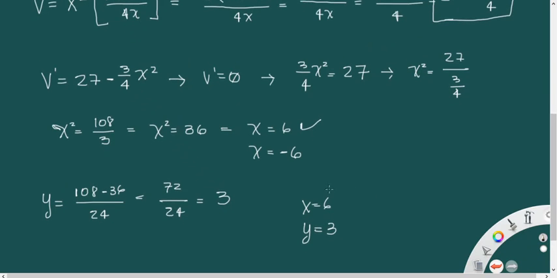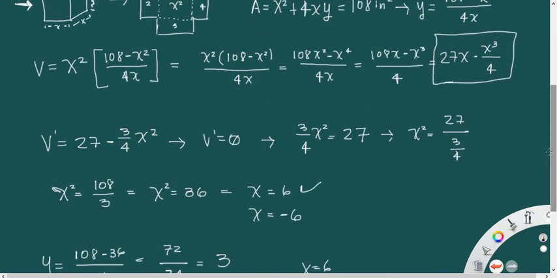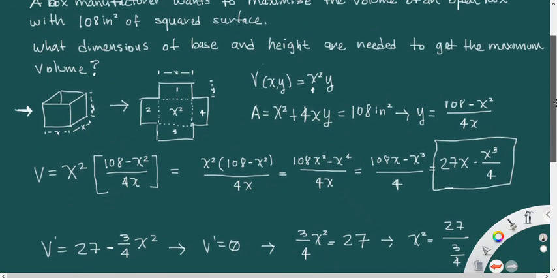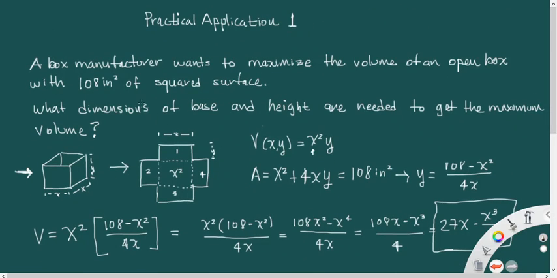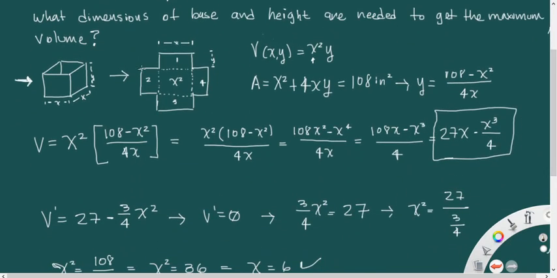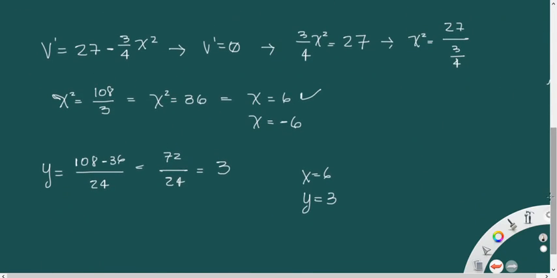And with these two dimensions, the derivative of this function will be equal to 0, and that is the solution or the answer to this problem. Now we can tell this box manufacturer what the dimensions of base and height are needed to get the maximum volume out of this box using 108 squared inches.